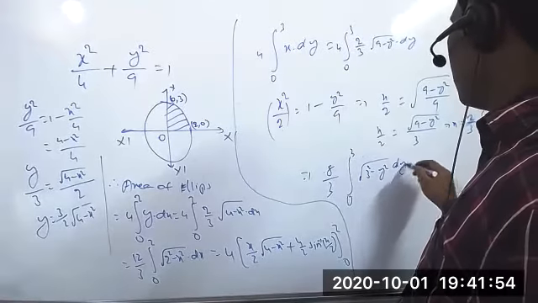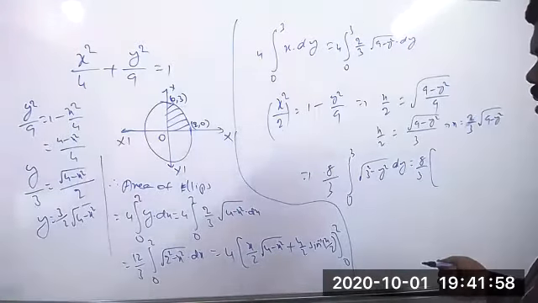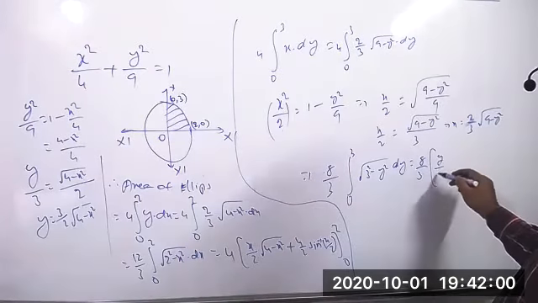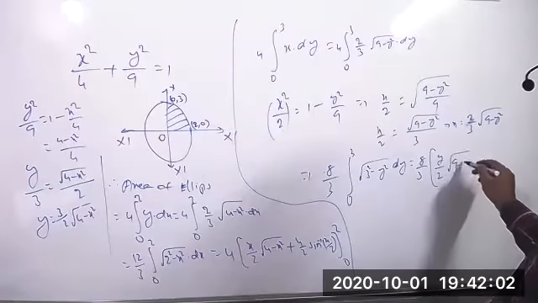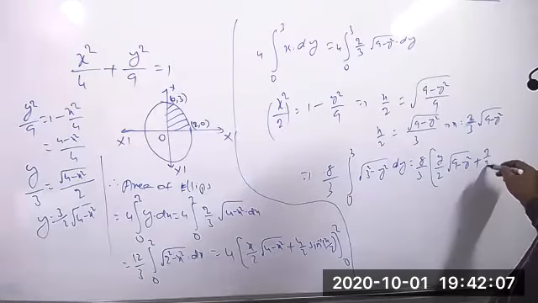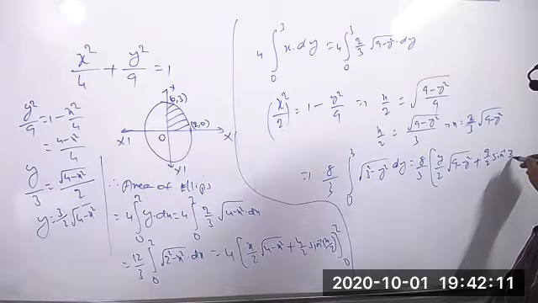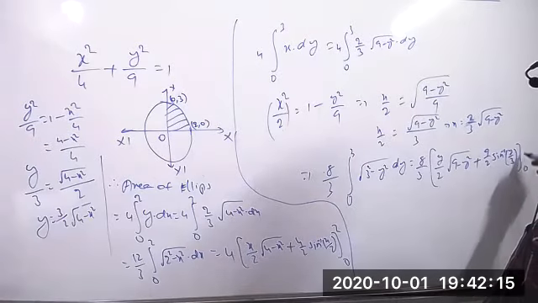So 8 by 3 into, again the same procedure, y by 2 into root of 9 minus y square plus 9 by 2 into sine inverse of y by 3, with limits 0 to 3.